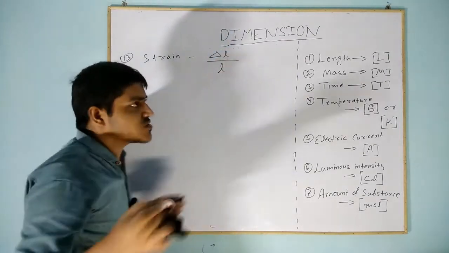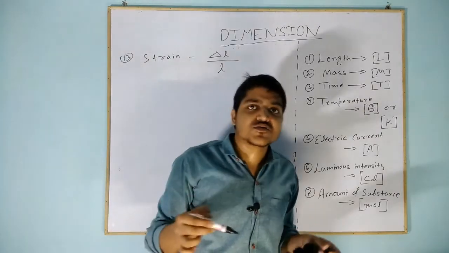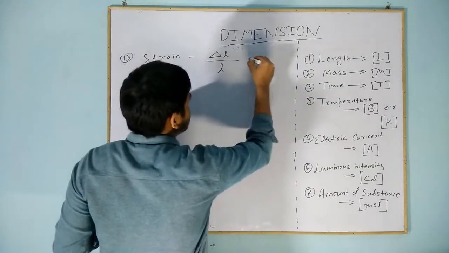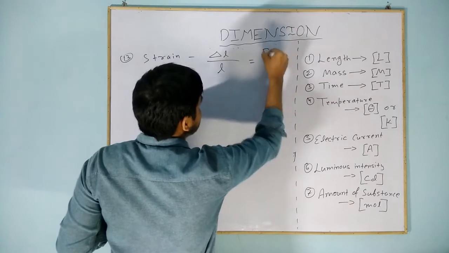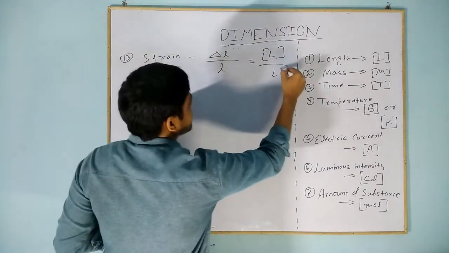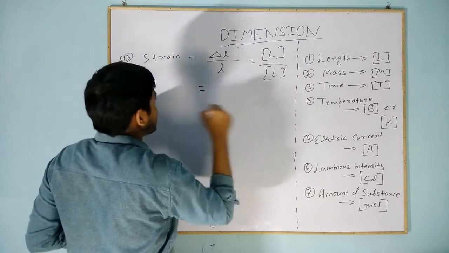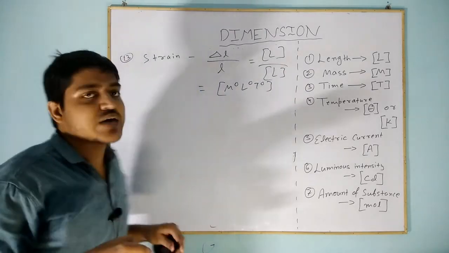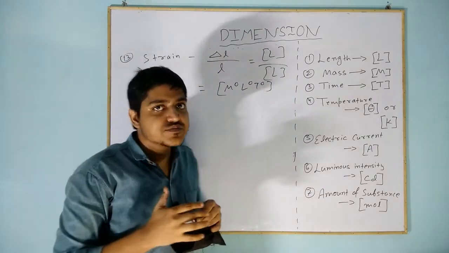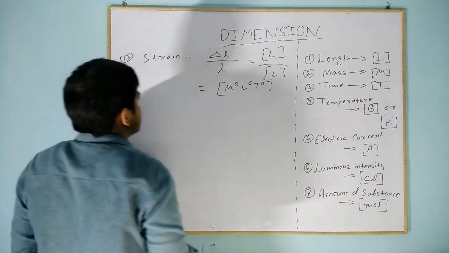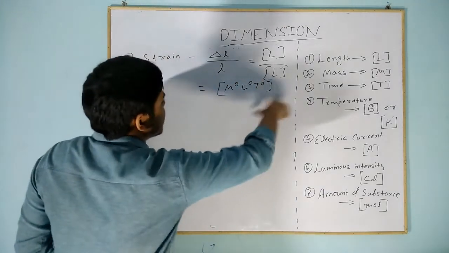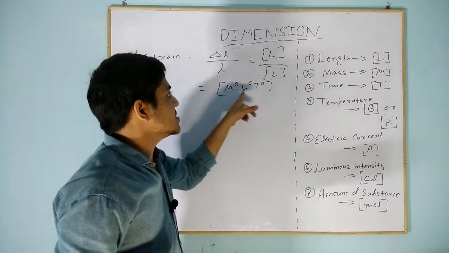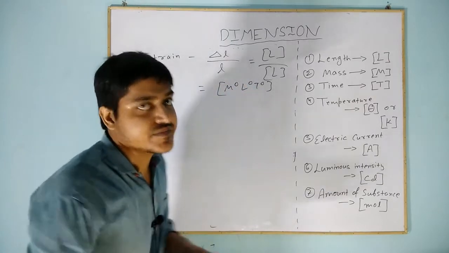Since change in length is also a length, it would have the same dimension of length, that is L, and the original length would again have the dimension L. So our final dimension came out to be M0 L0 T0. So strain is a dimensionless quantity. It has no dimension because it is not depending upon any base physical quantities, not depending upon mass, length or time.